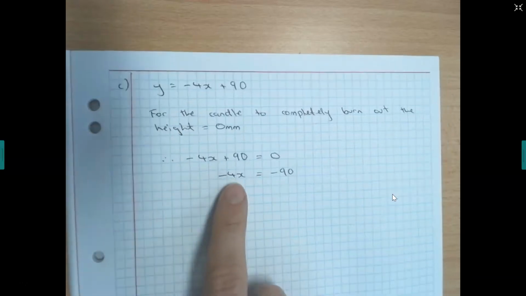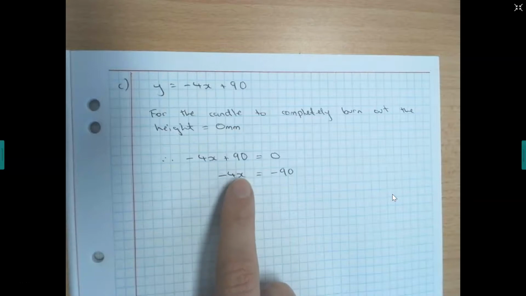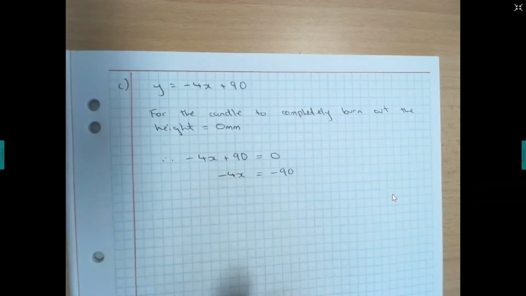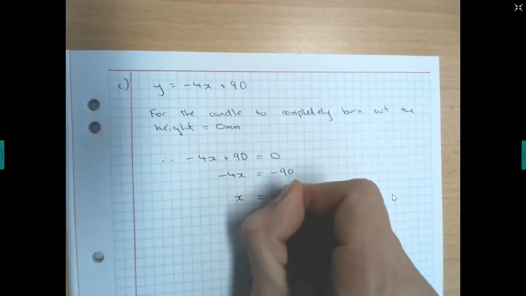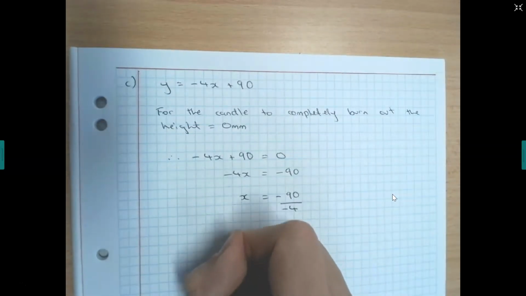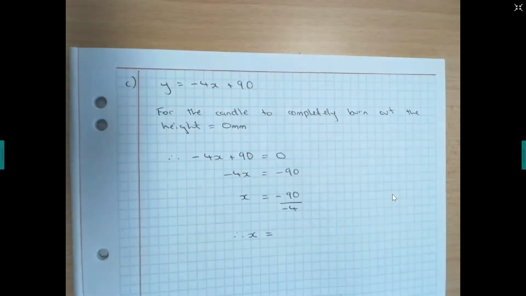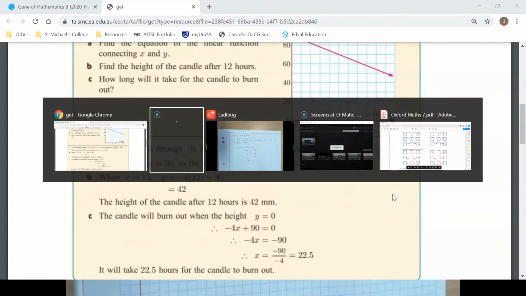To get rid of this minus 4 in front of the x, I want to divide both sides by minus 4. So this will mean that I'll get x is equal to minus 90 over minus 4. Therefore, x is equal to 90 divided by 4, which is 22.5.